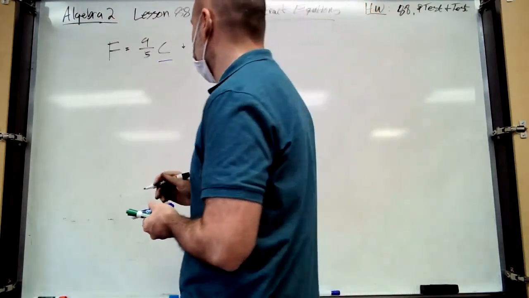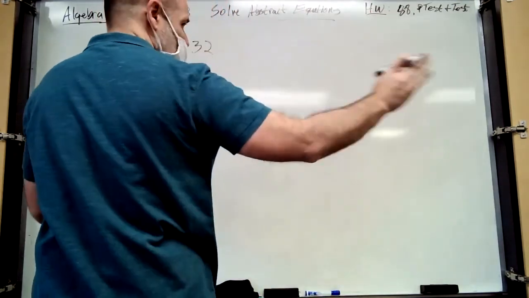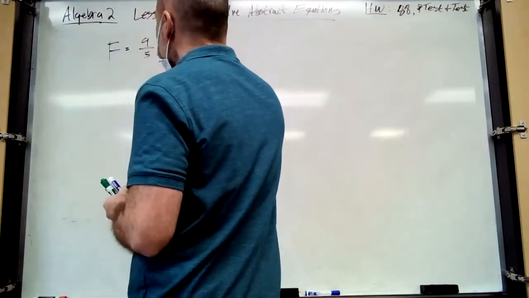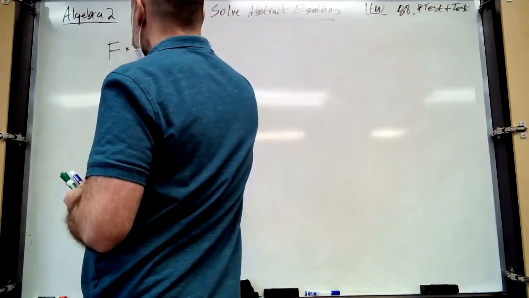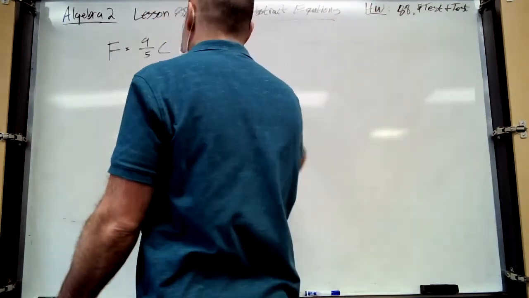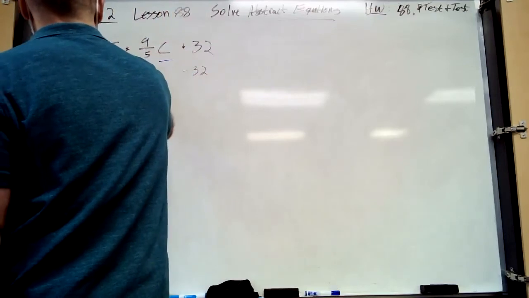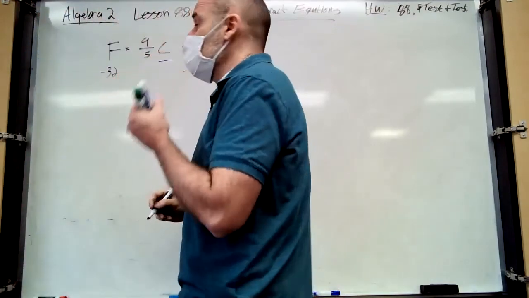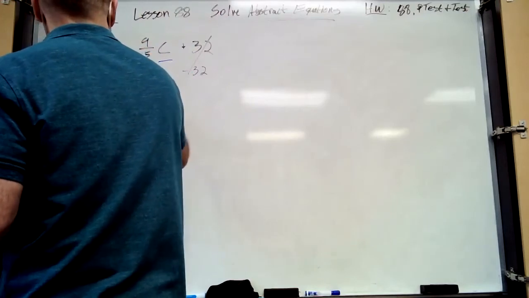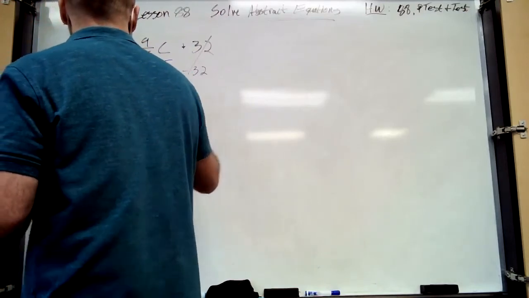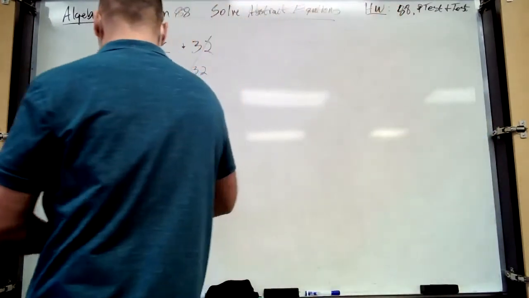Well, I would add or subtract. Yeah, so get rid of, just like you do in normal equations, C is almost by itself, and it's hanging around this coefficient. You divide by the coefficient last, so get rid of the constant first. And sometimes that constant could be another letter in these abstract equations. So then you got F minus 32 equals 9/5 C. Now you divide by 9/5.